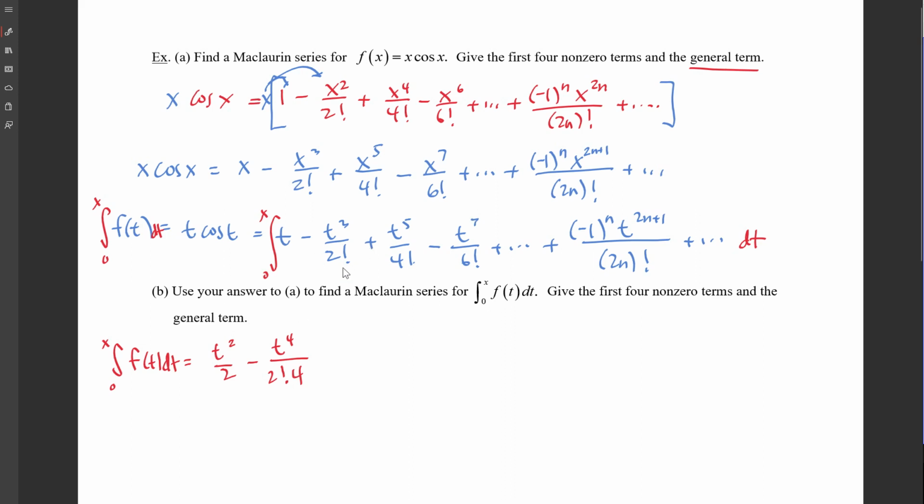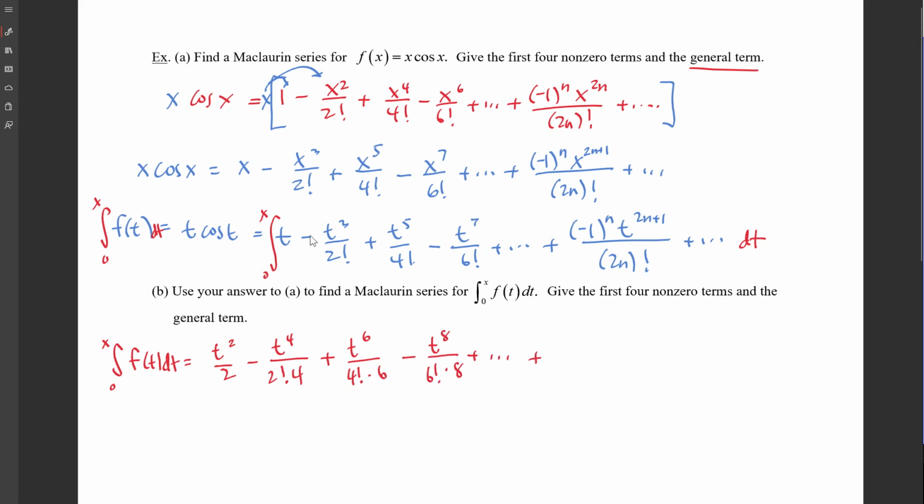This is a scalar here. And this 4 is from taking the antiderivative using the power rule, all right? And this will be plus t^6 over 4 factorial times 6 minus t^8 over 6 factorial times 8 plus dot dot dot plus, and let's see what I'm doing.